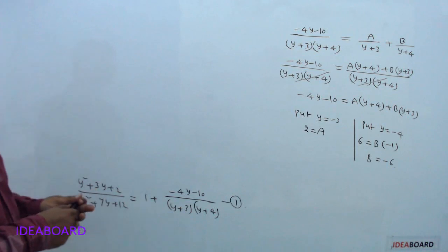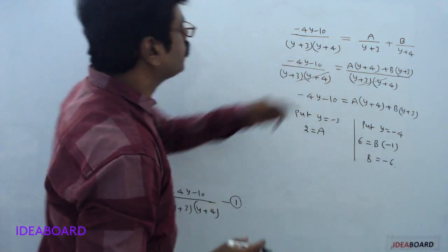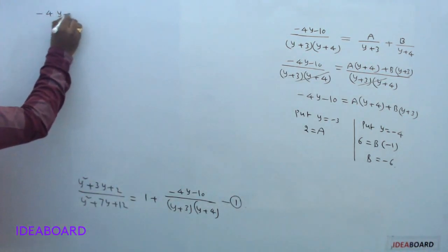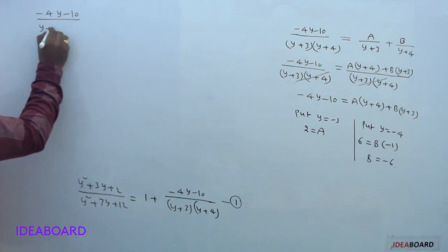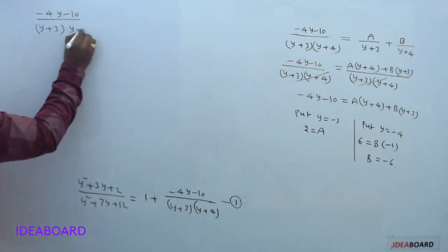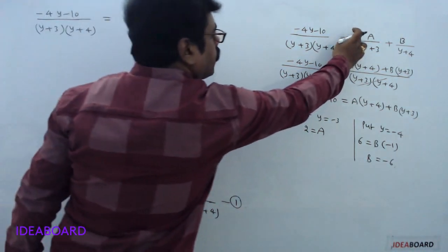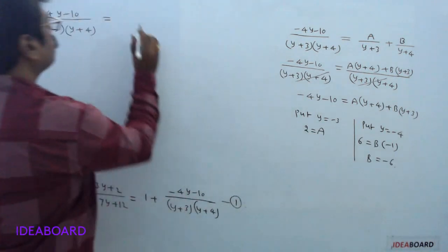Now see the continuation. Substitute the values of a and b in this equation. Minus 4y minus 10 divided by (y plus 3) into (y plus 4) equals a divided by (y plus 3). What is your a value? 2.